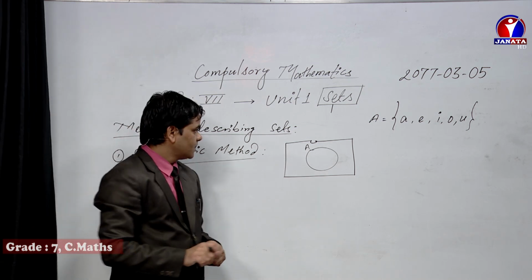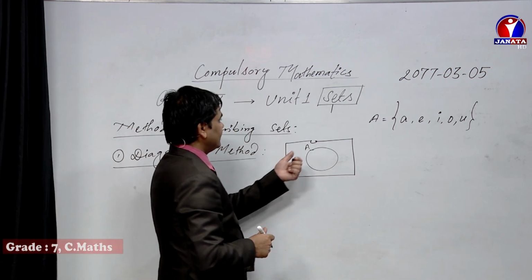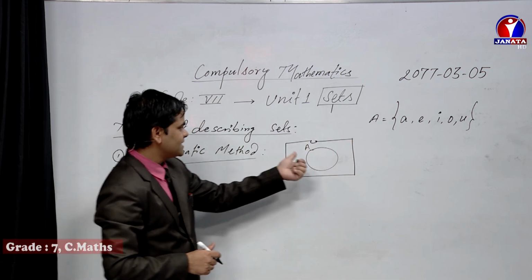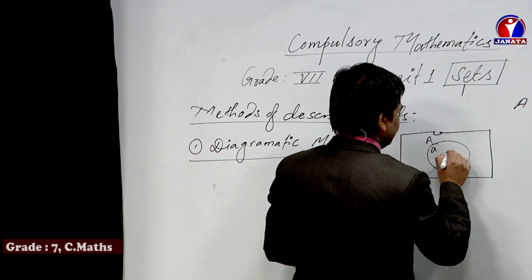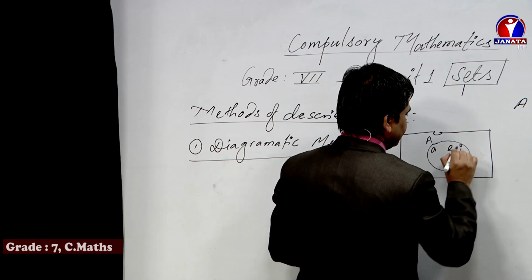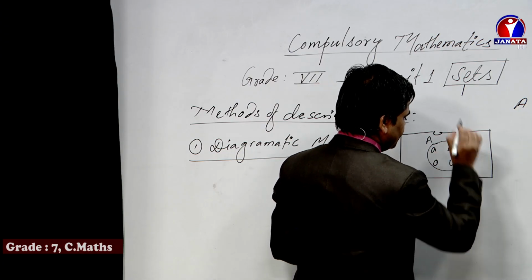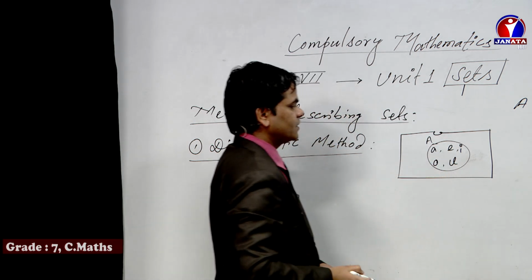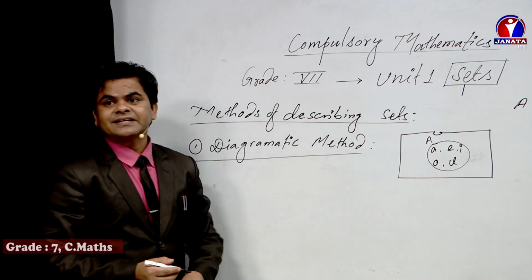Dear students, now let us plot those elements of set A inside the Venn diagram: A, E, I, O, U. We keep a comma after each element so that they are separated from each other.